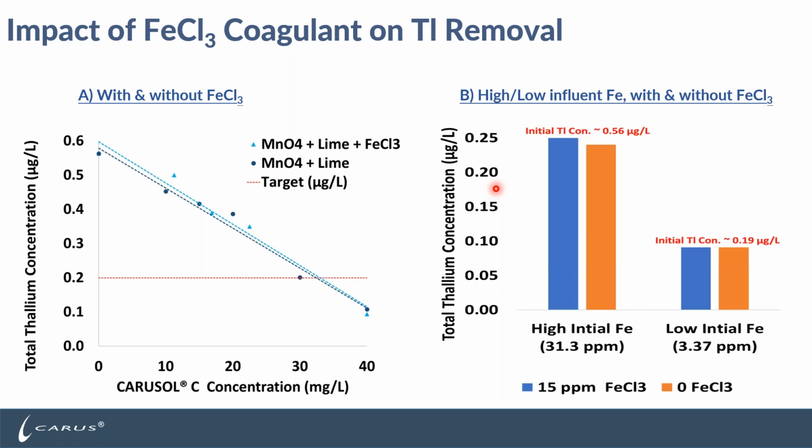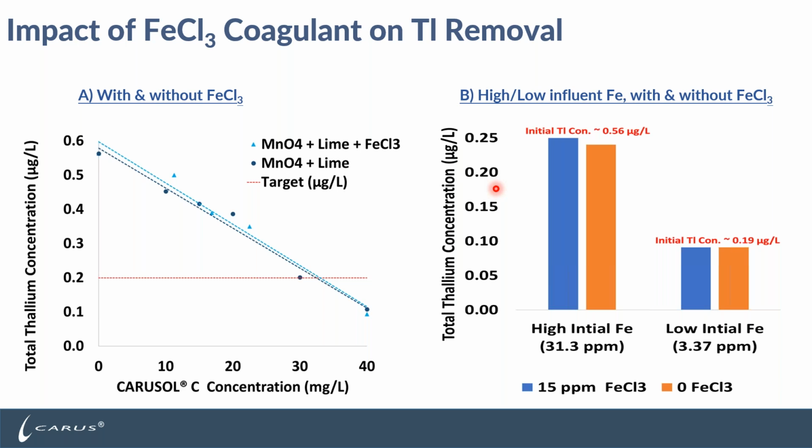We also wanted to look at thallium removal in response to different influent water characteristics. So the main concern in this case is that with low incoming dissolved iron concentrations, there may not be enough precipitated material or solid material after the oxidation step to achieve sufficient solid settling during the clarification step. So the plot on the right here shows that this actually isn't the case.